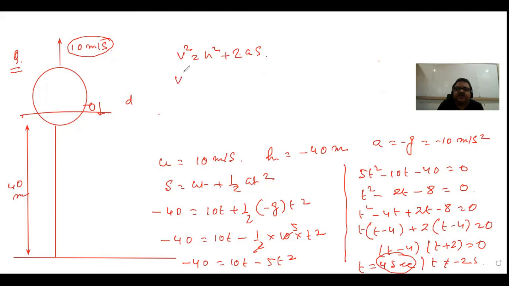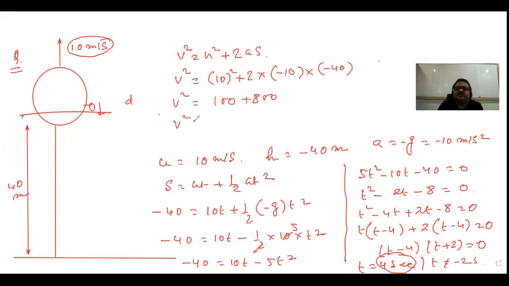Now, v square. u is what? u is 10. That is 10 square. 2. What is a? Minus 10. What is s? Minus 40. Correct? So v square equal to 100 plus 800.